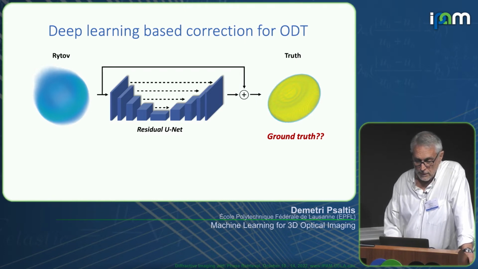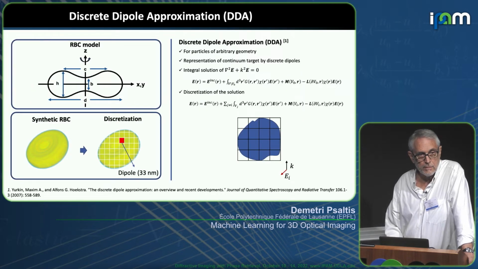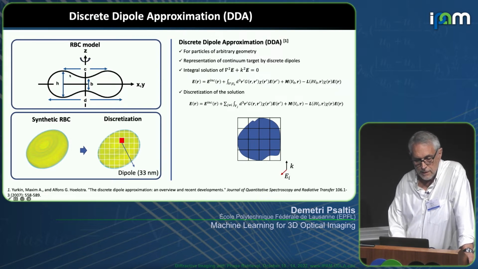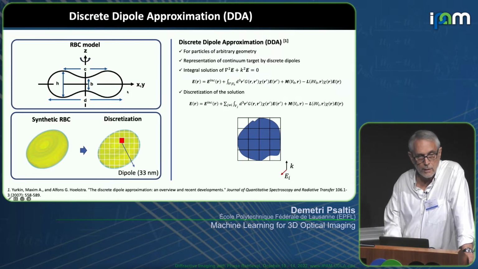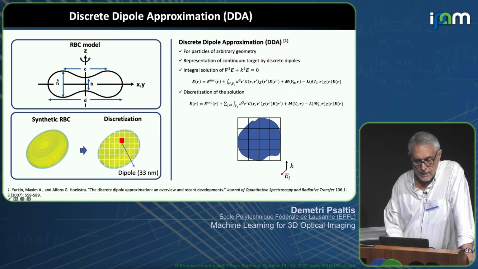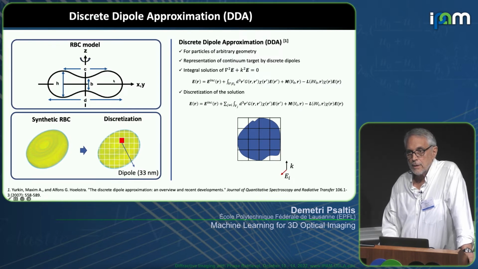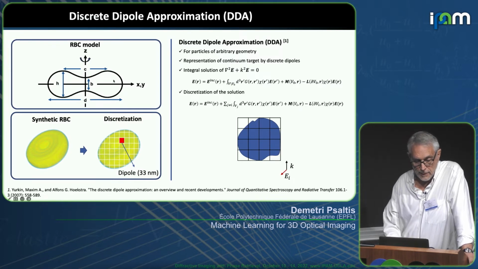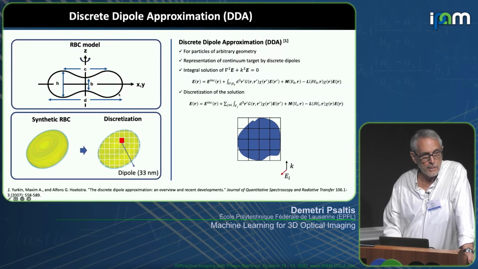So one answer is to do what Ian did: make a model and create a database from the virtual models. For red blood cells, that's relatively easy to do because red blood cells all have the same shape. It's shown here. It's a little bit of a dimple thing. And inside is uniform. It doesn't have a nucleus. It's just blood. It doesn't have any structure. And with a few parameters, you can define its shape and vary its shape.